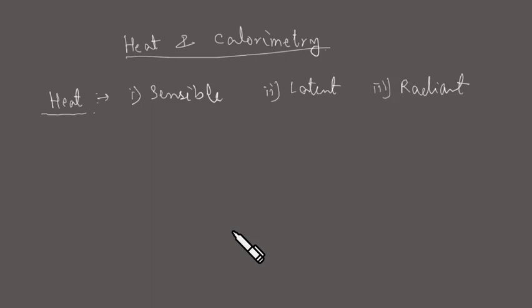In laboratory setups or in our everyday lives, this radiant heat is something we call lost heat, because we generally cannot calculate it. To measure the amount of radiant heat, we need very sophisticated and sensitive devices, which is very difficult to achieve. So in this chapter and in future chapters, we will mainly be talking about sensible and latent heat.